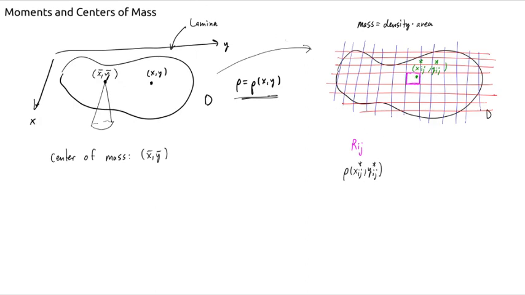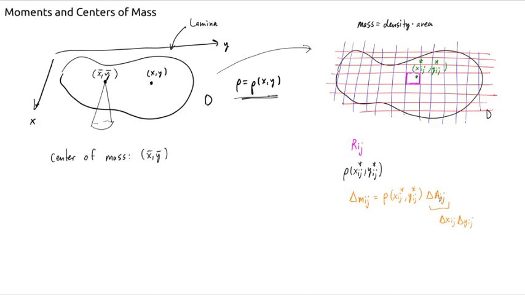Then the mass of this small rectangle, we'll call it delta mass ij, is going to be our density of this small rectangle times the area of this small rectangle, which I'll call delta Aij. And of course delta Aij, since these are rectangles, can be broken up into delta xij times delta yij.